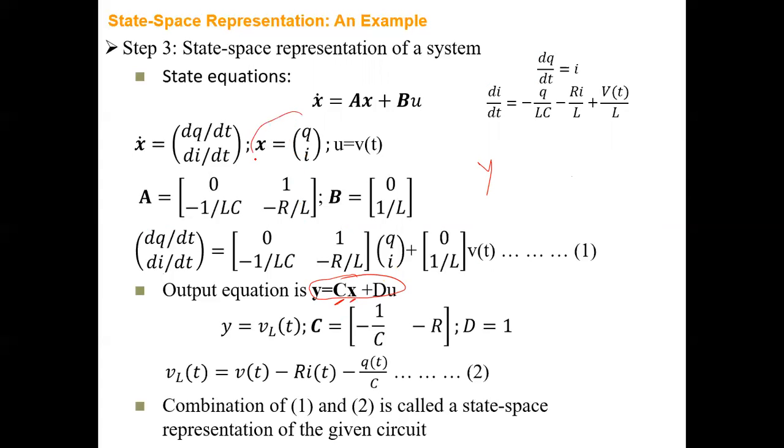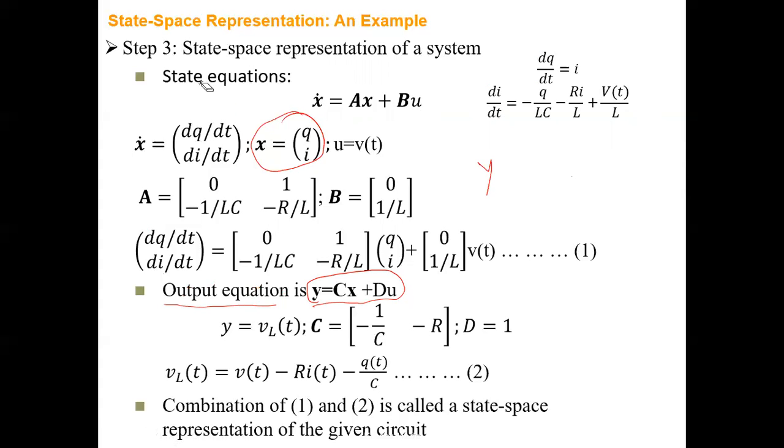What is X? We already have this X here. This X is the same X. C and D are different matrices now. And Y is another vector. So you can write your Y in terms of this, and that kind of equation is called the output equation. So now we talked about two equations.